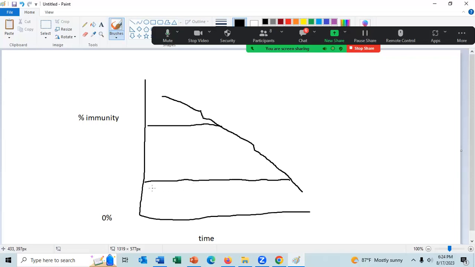But at some point, your immunity will drop below this level, in which case you'll have no protection from the vaccine. And I don't know when that is. It's probably a little over 3 years. They suggest with COVID-19 that you get your vaccine about every year or sooner.